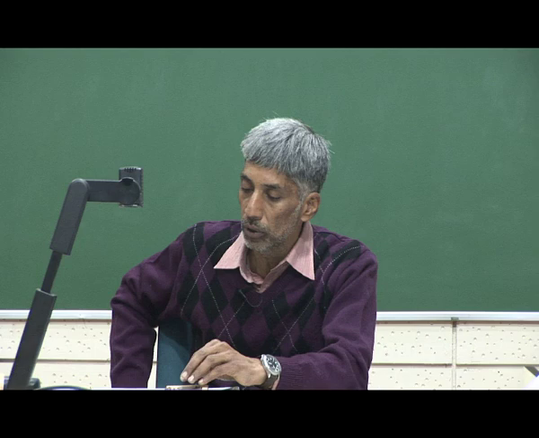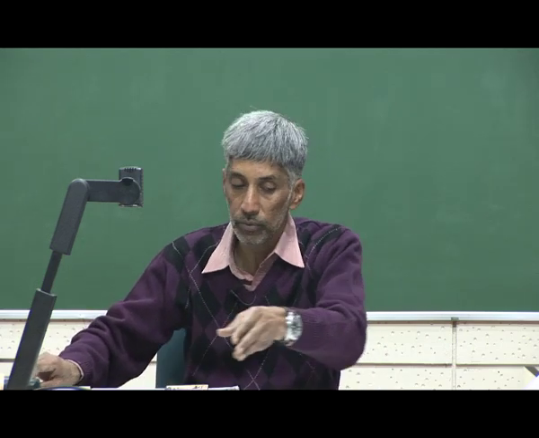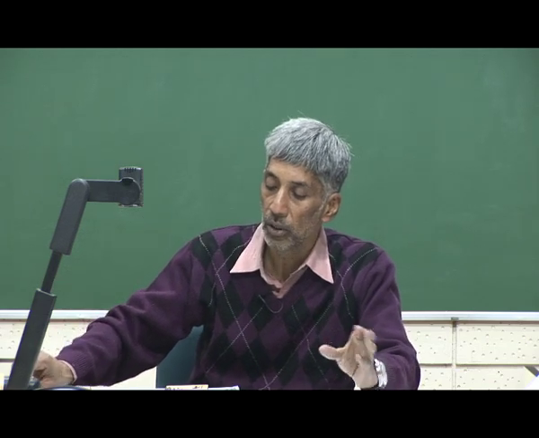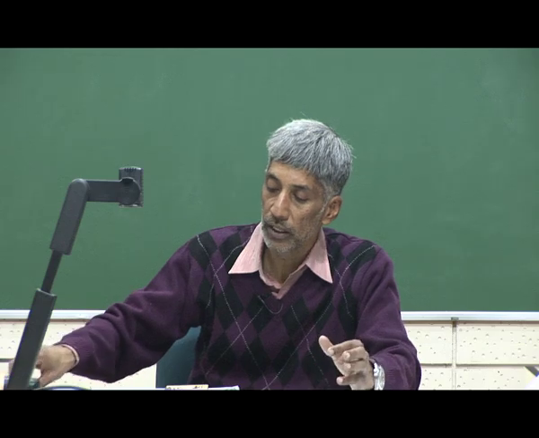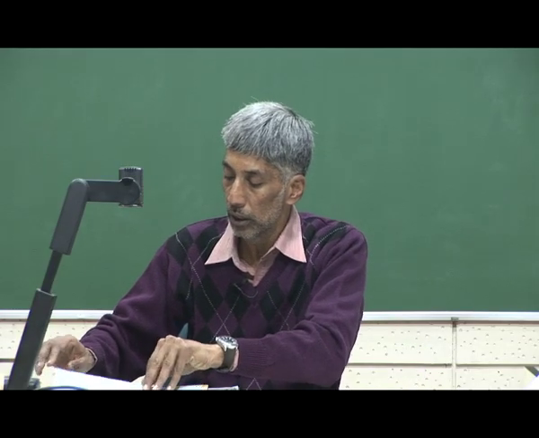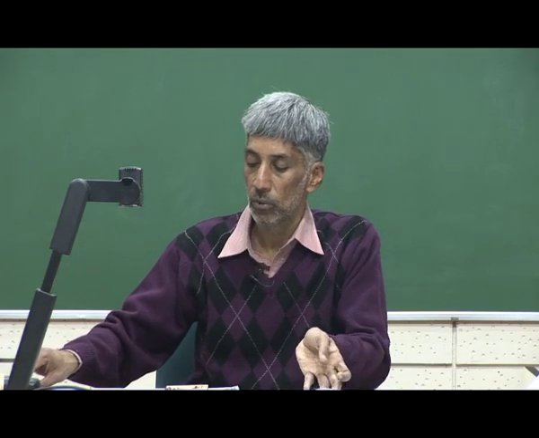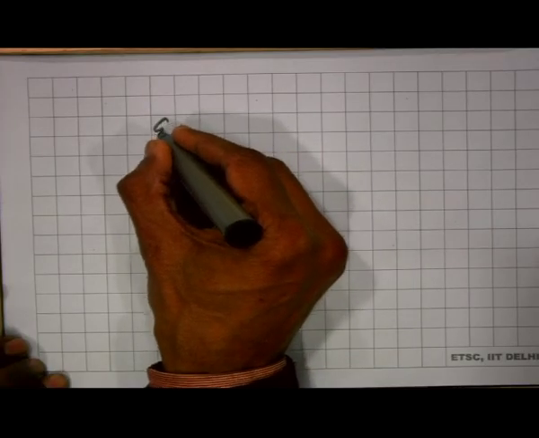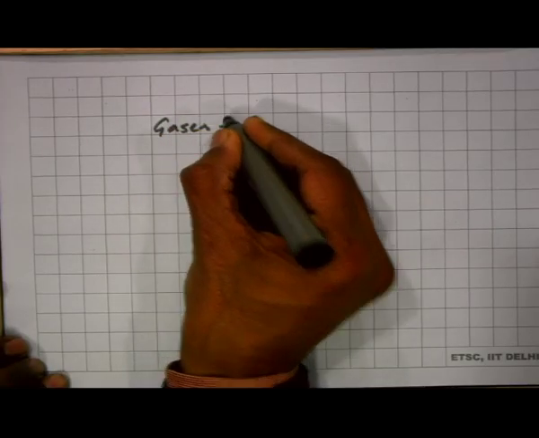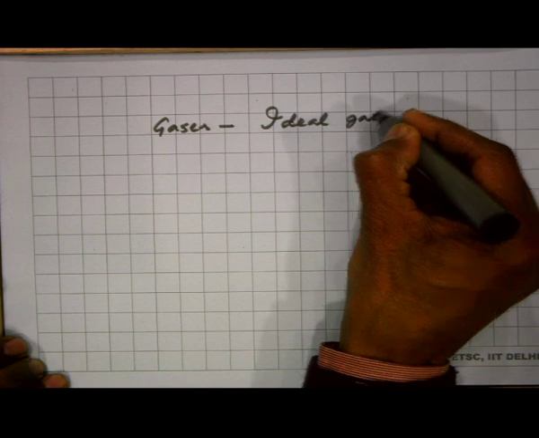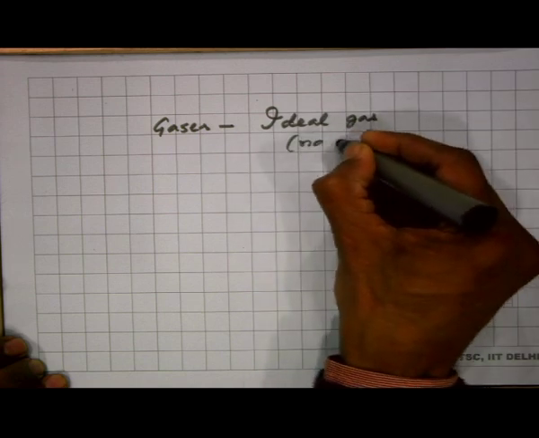So, the first thing that we will do, and it is associated with the intermolecular interaction, because we have said that in gases there is little intermolecular interaction. So, what we will do in the next 1 or 2 classes is to study gases, and we will first start with ideal gases, where there is no intermolecular interaction.